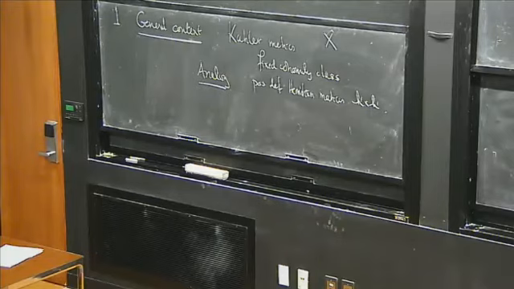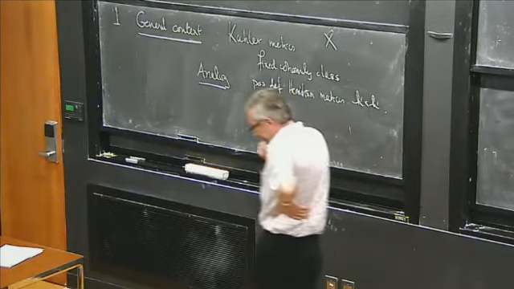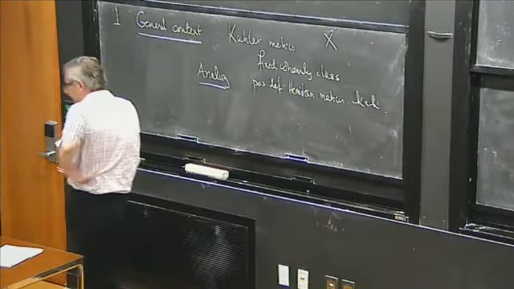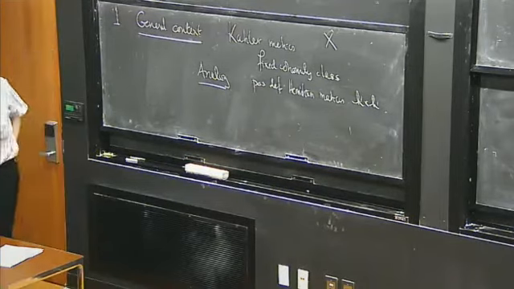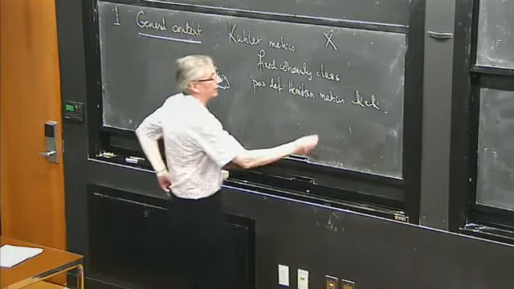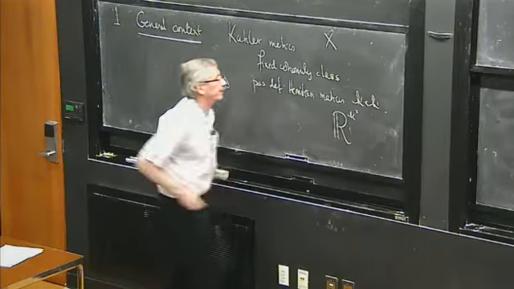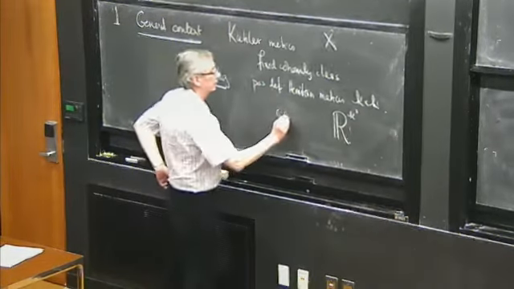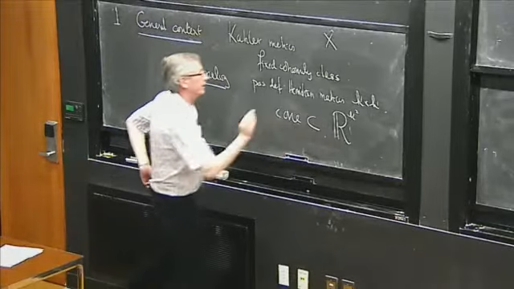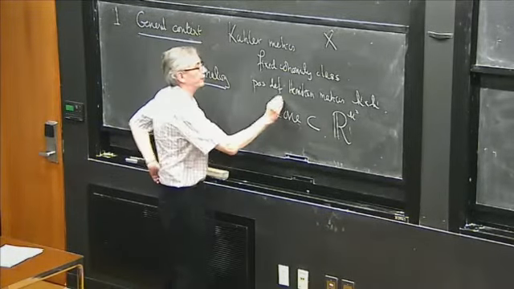So on the one hand, this thing is a cone in the space of all Hermitian matrices, which we can think of as R to the K squared. So it's a convex cone.